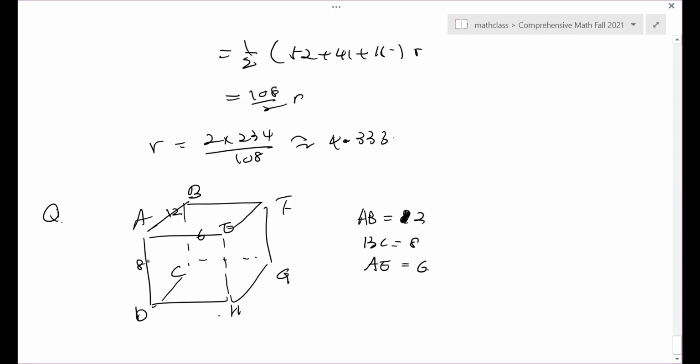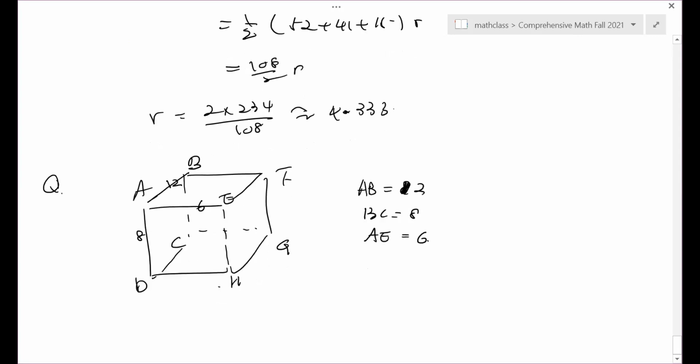So the volume of this box is easy to figure out, right? Now what we want to do is find the volume of the tetrahedron. So we will connect these two.